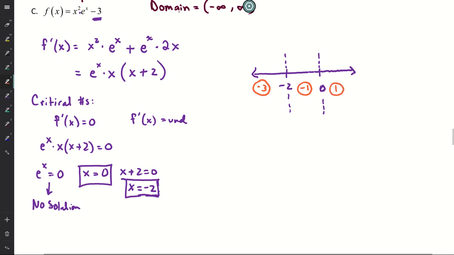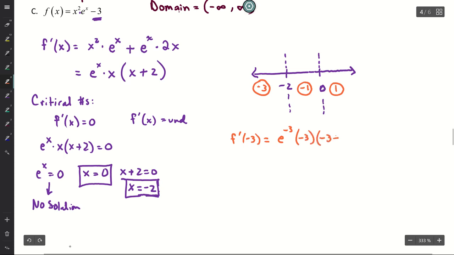All right, so now we test those values in the derivative to find out what the sign would be. So f prime of -3 would be e to the -3rd, times -3, times -3 plus 2. All we care about is the sign of the result.